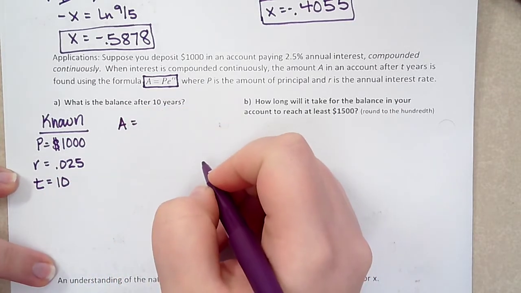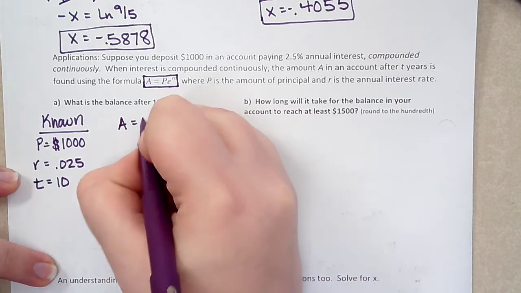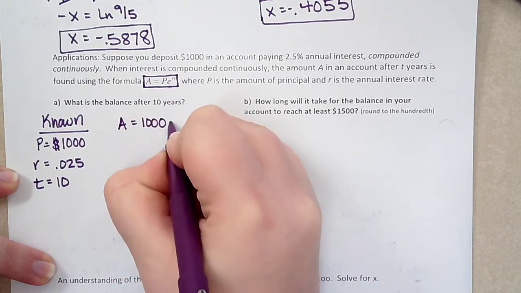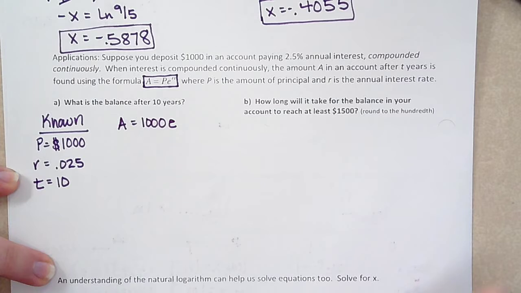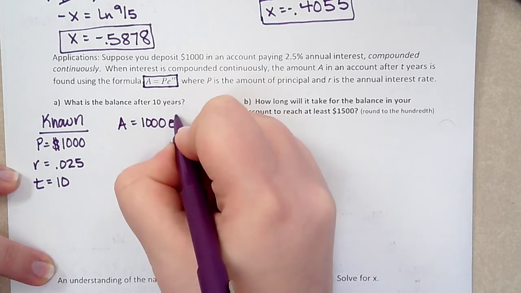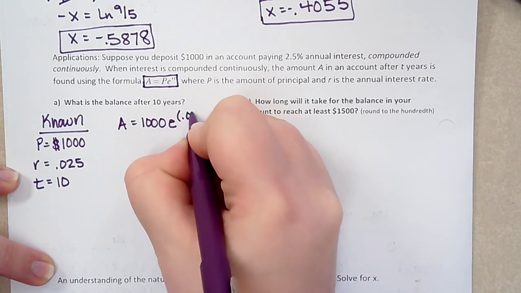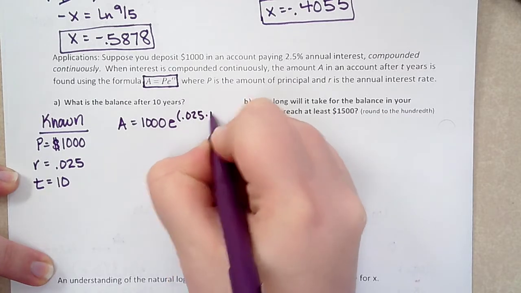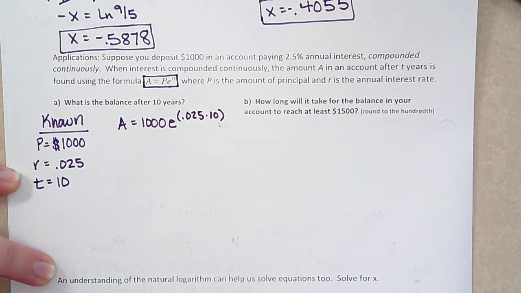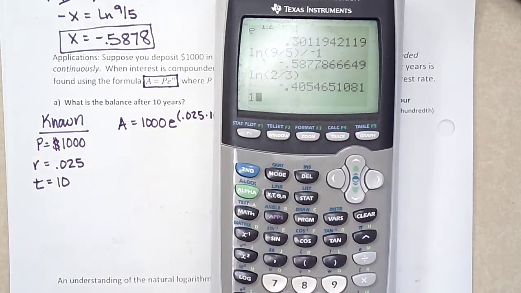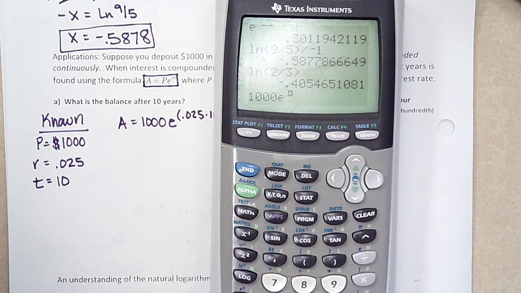A equals P times e to the rt. My principal is $1,000. My e is that constant, and I'm raising it to the r times t, or the 0.025 times 10. I can go ahead right away and throw this in a calculator as long as I'm careful about it. 1,000 times e raised to the 0.025 times 10.